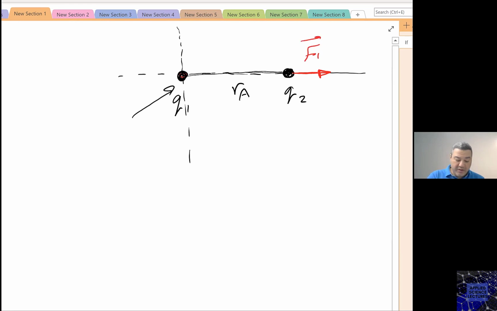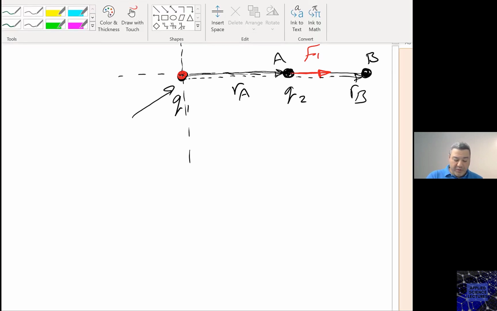Now this charge is going to move to this location. I'm calling this location A, and I'm calling this one B, and that's why if this is RA, then from here to here is RB.